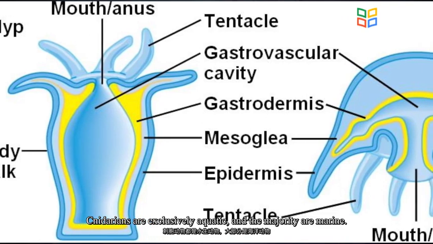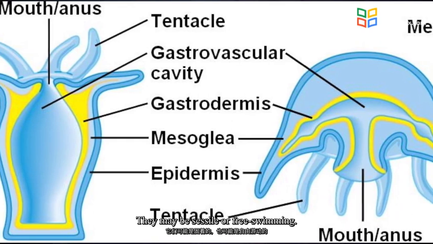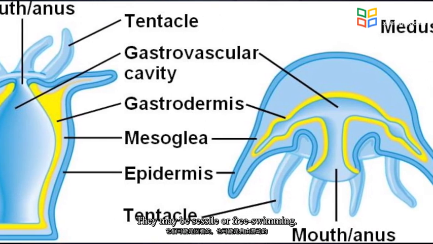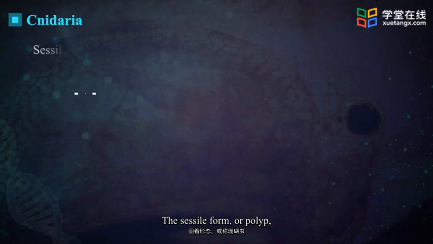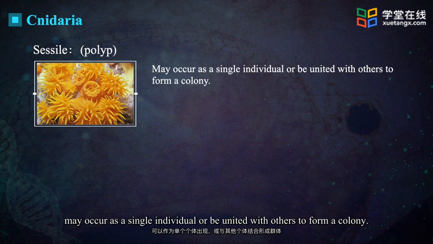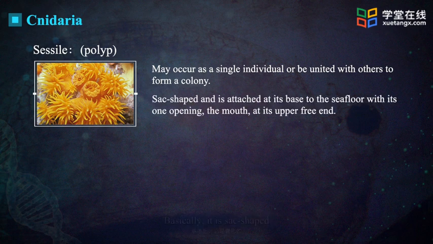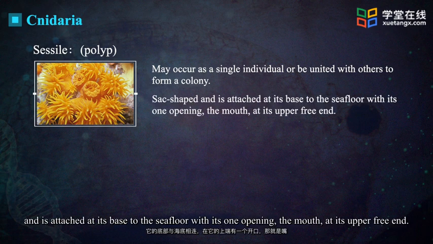Cnidarians are exclusively aquatic, and the majority are marine. They may be sessile or free-swimming. The sessile form, or polyp, may occur as a single individual or be united with others to form a colony. Basically, it is sac-shaped and is attached at its base to the seafloor with its one opening, the mouth, at its upper free end.